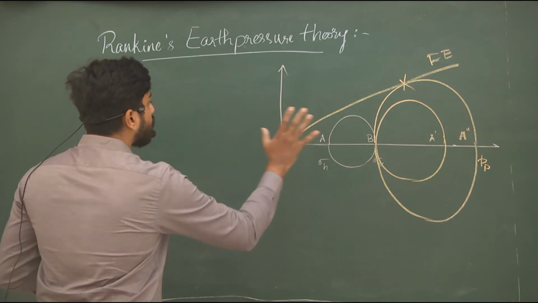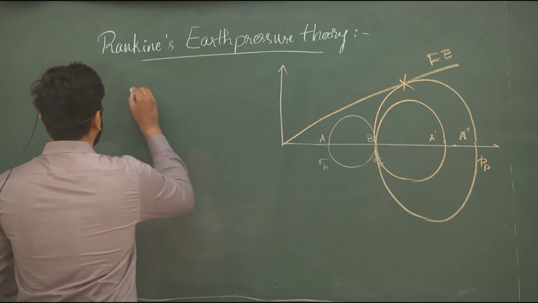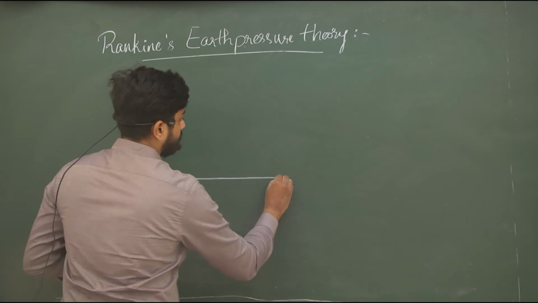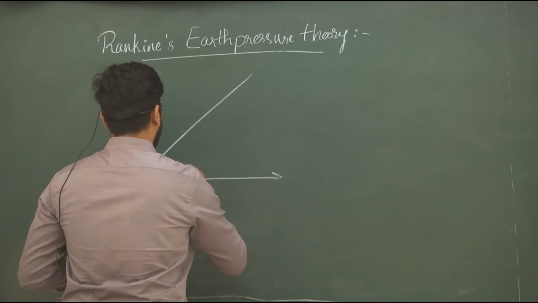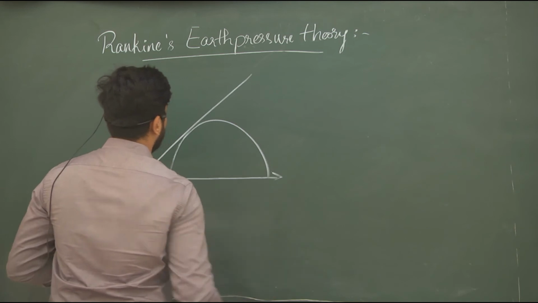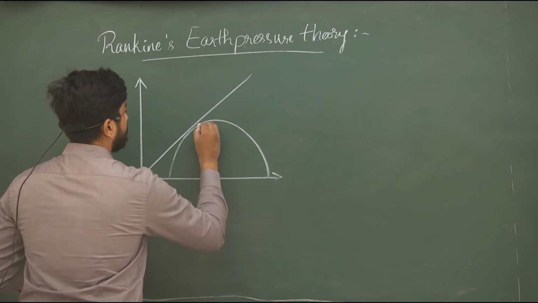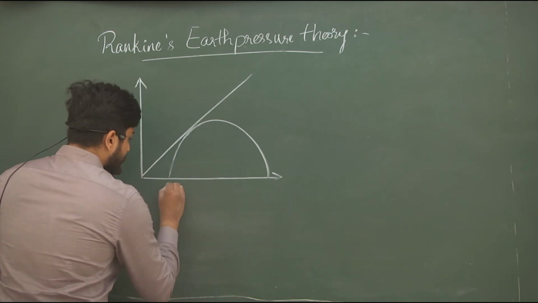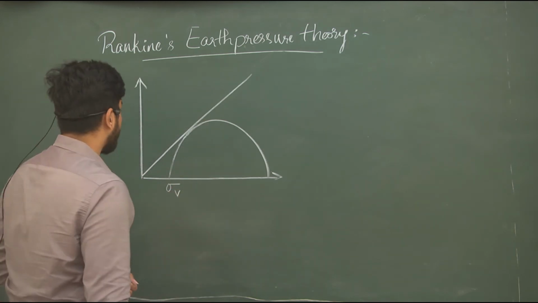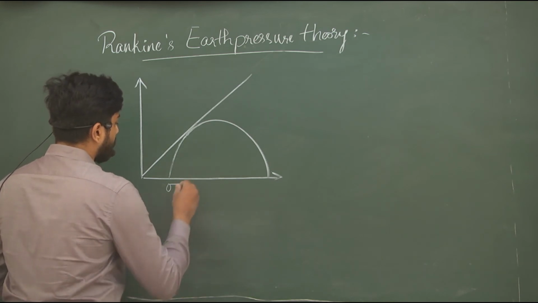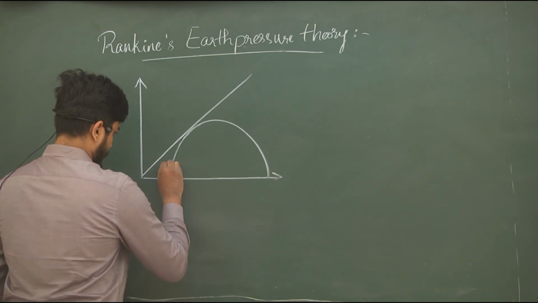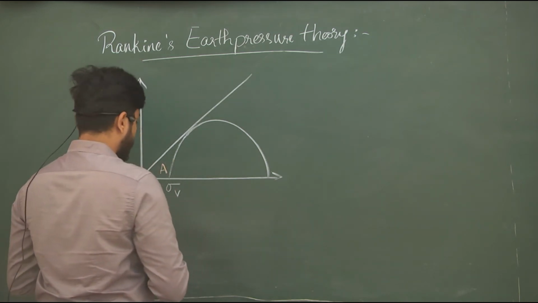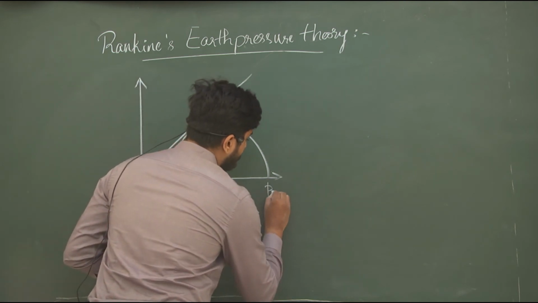If you consider only that particular diagram now, considering the failure plane, let the point of intersection be somewhere in this region. Now this is our sigma v, and let us denote this by point A. Now this is my PP.